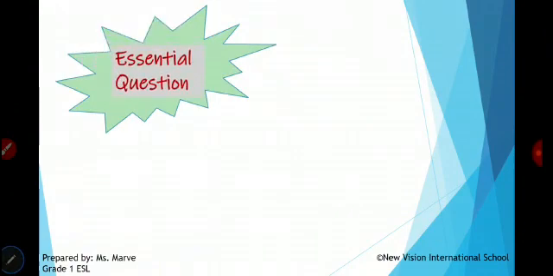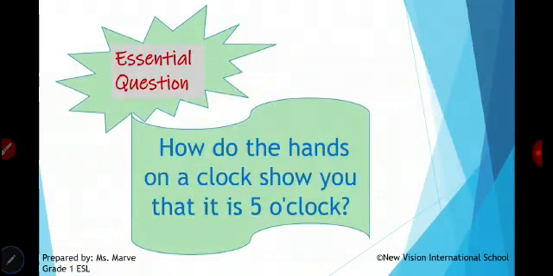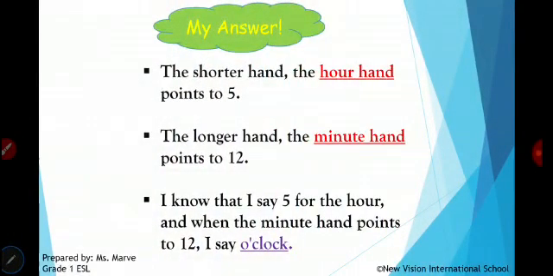So let's wrap up. These are the essential questions that we need to always remember. How do the hands on a clock show you that it is 5 o'clock? What is the answer? First, the shorter hand, the hour hand, points to 5.